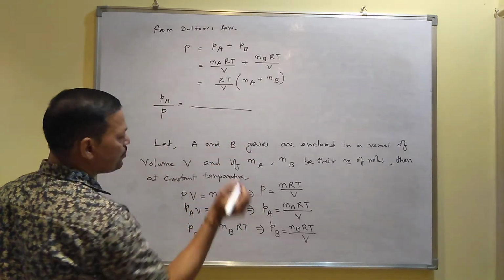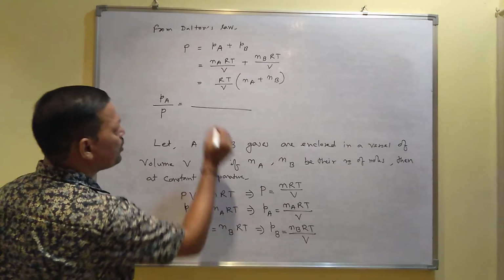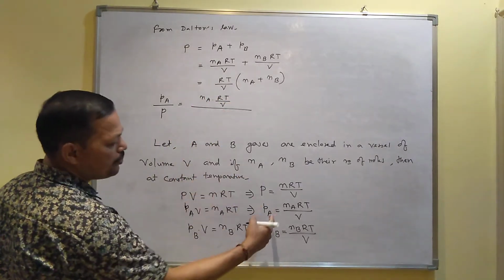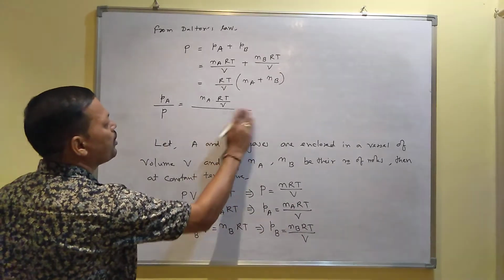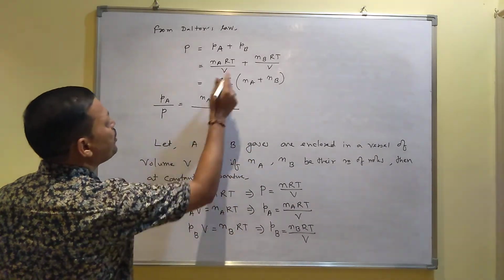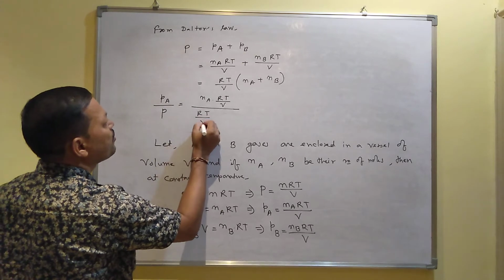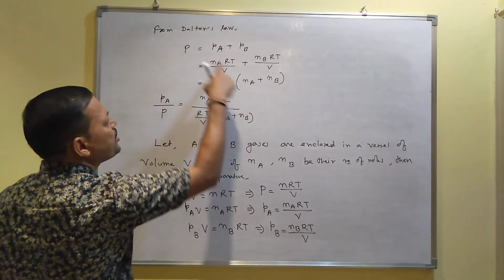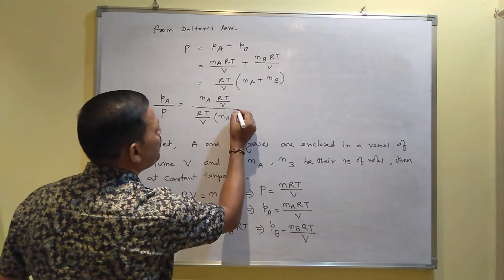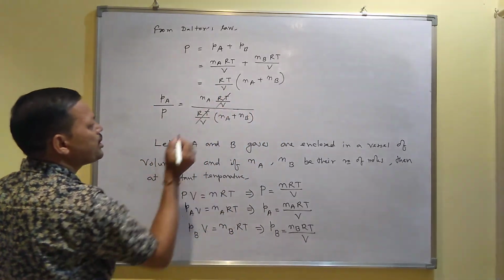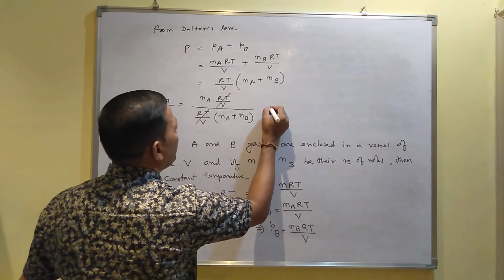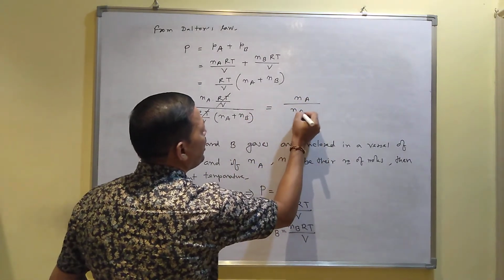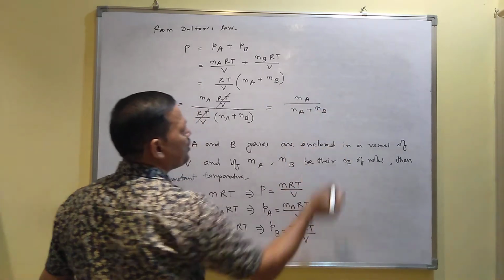PA, already you have got, is equal to nA RT by V, and the total pressure P is equal to RT by V into nA plus nB. Now this RT by V will be cancelled. Ultimately you can write nA divided by nA plus nB.